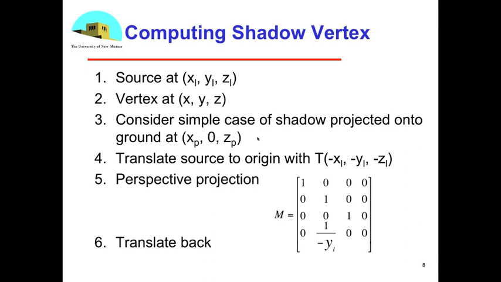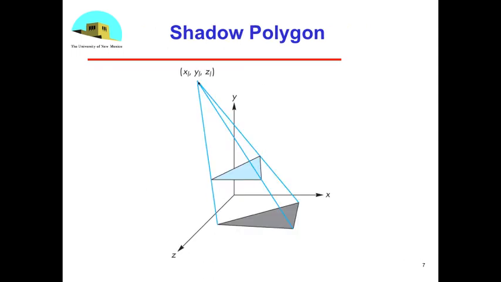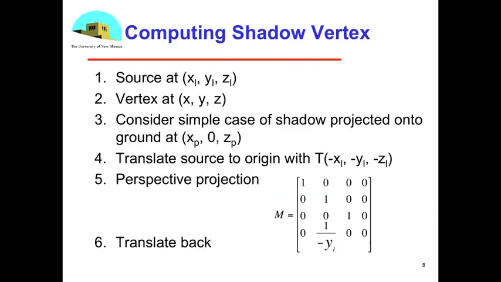So if I translate the problem to where the light source is now translated to the origin, this is now looking like a perspective projection, given where these vertices of the polygon are. So that's exactly what we do. We translate the source to the origin by just the translation with the location of the point light source.